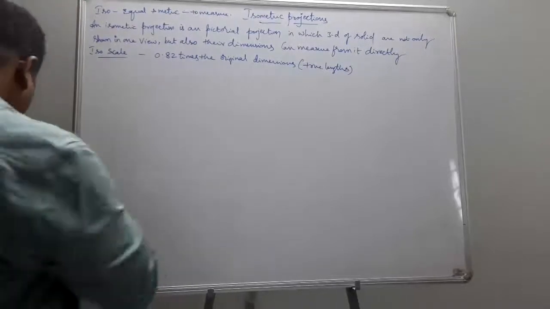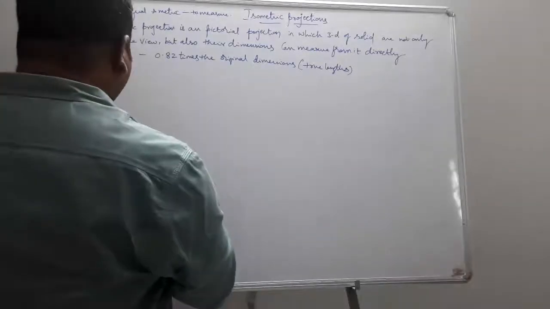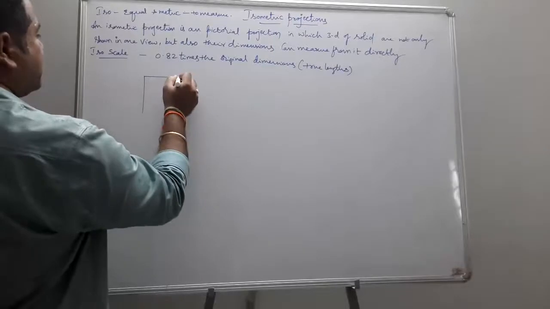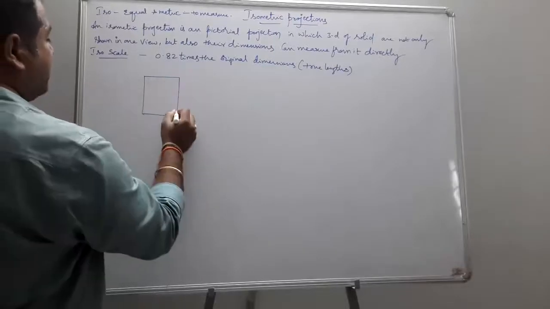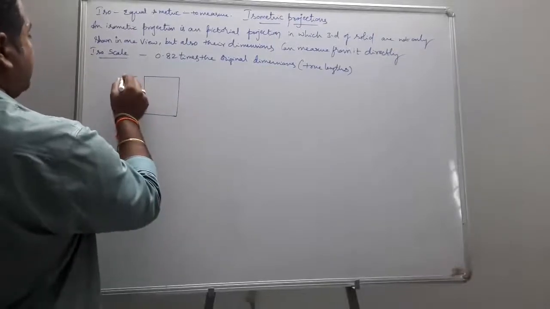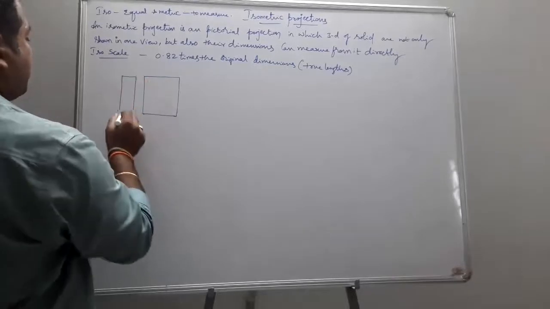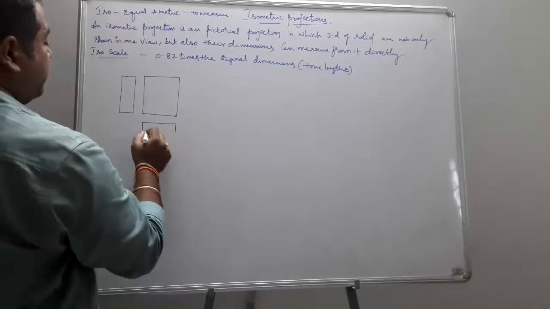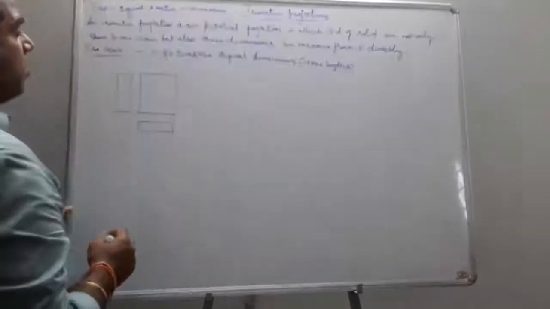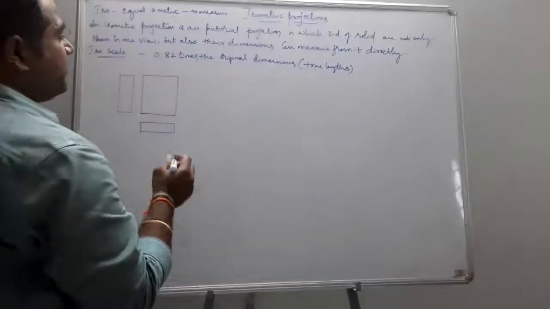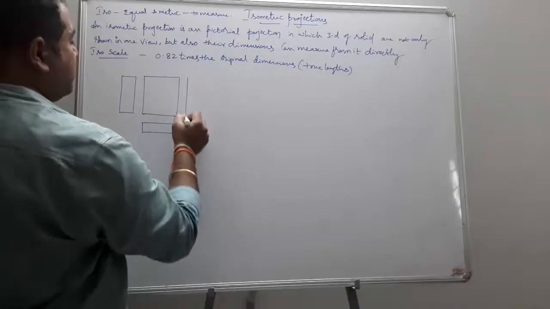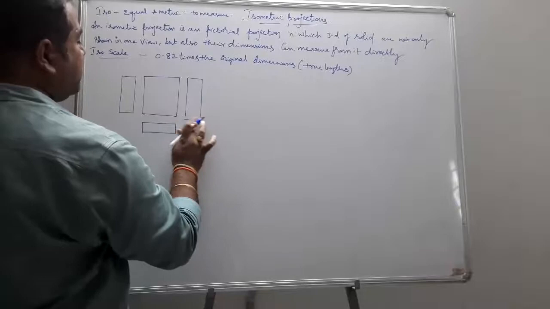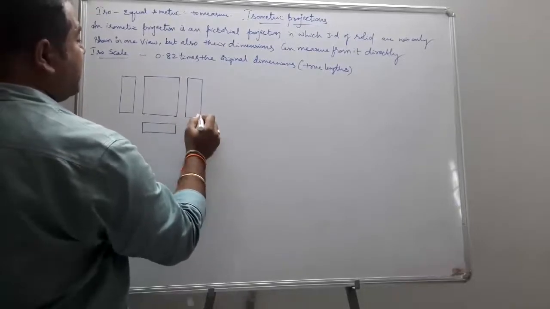Generally, let us say this is the orthographic projection which we already know. For example, it is going to be like this: front view, side view, and top view. This is the standard procedure. We have two types of side views, the right side view and the left side view.